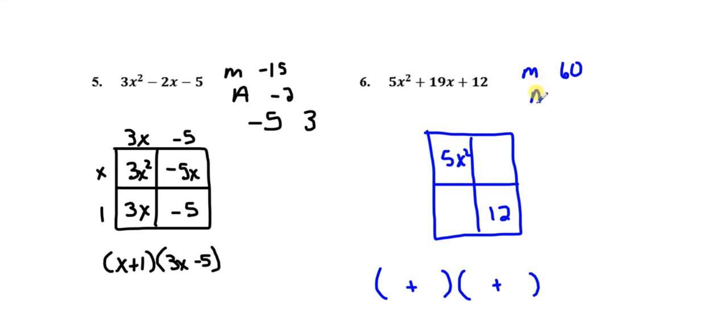It's got to add up to 19. And just think of numbers, it's all got to be positive. So numbers that multiply and give us 60. 60 and 1. 20, whoops, I missed one there. 20 and 3. 30 and 2.